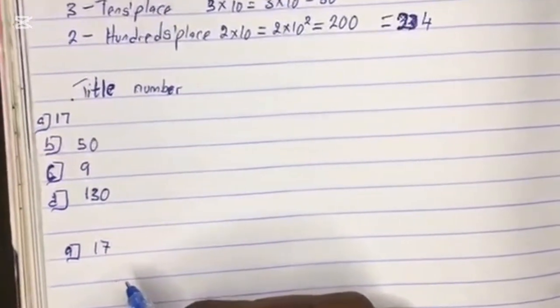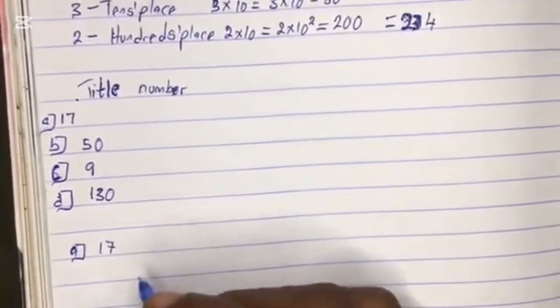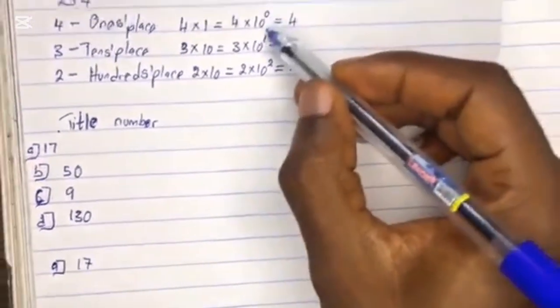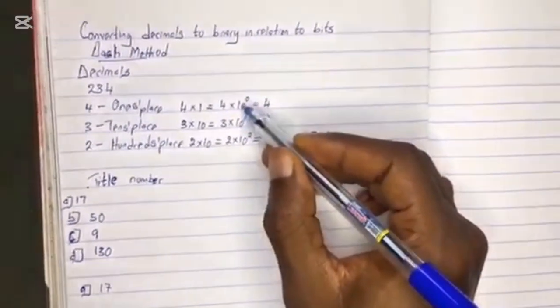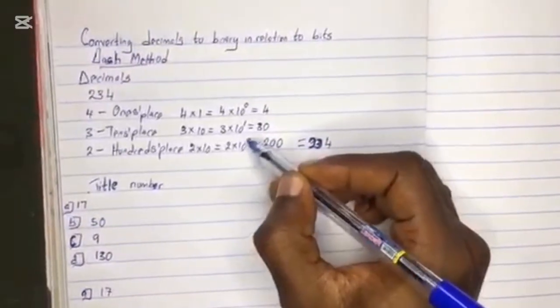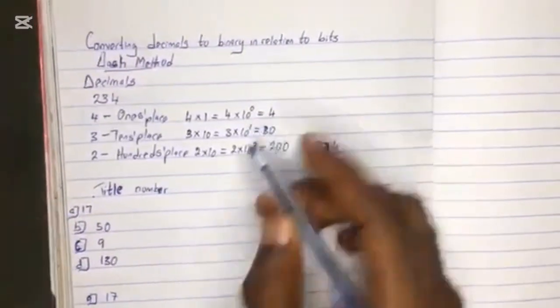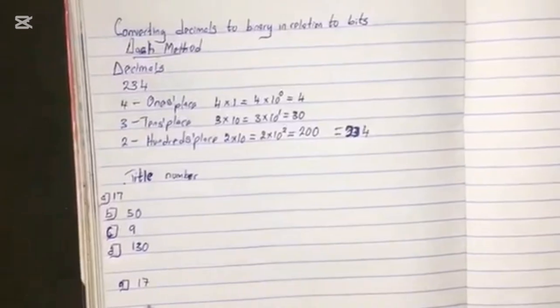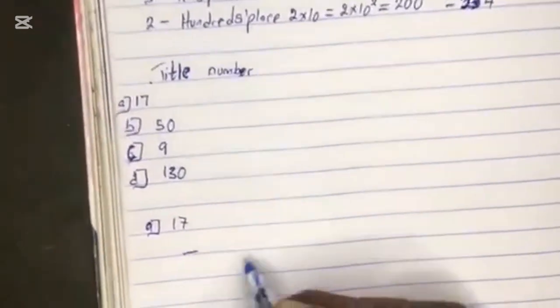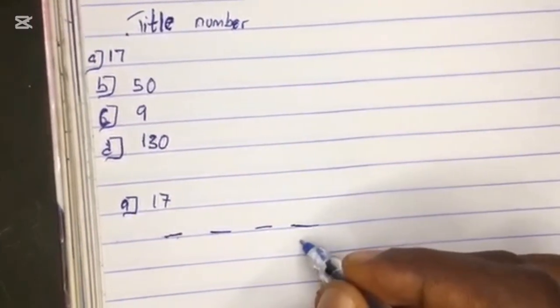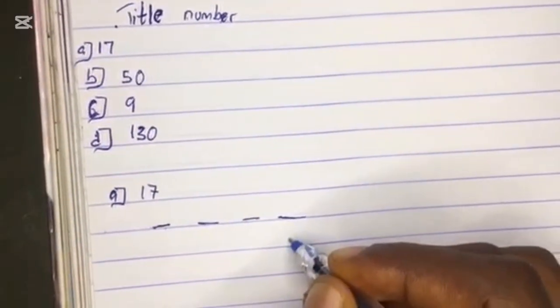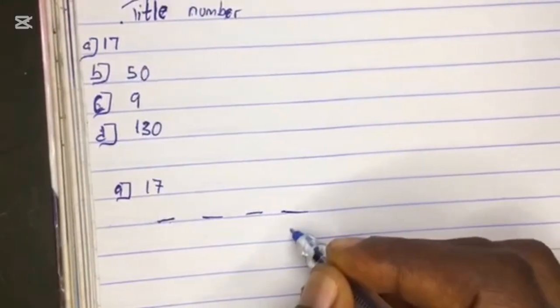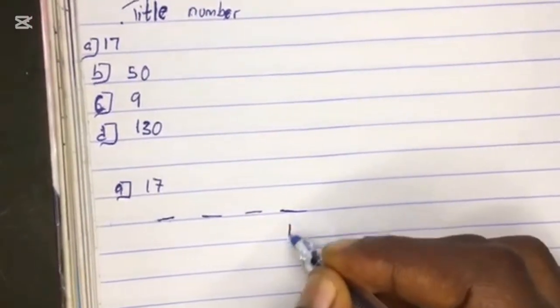Since we're working with 17 and we're dealing with binary numbers, using this format, which is powers of 2 from 0 upward, we can draw 4 dashes: 1, 2, 3, and then 4. The first one we'll multiply by 1, which gives us 1.